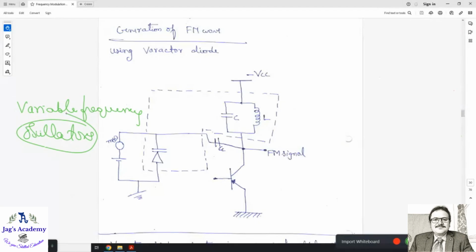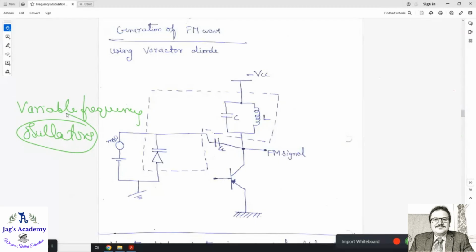Now in this context, in frequency modulation generation, you're going to generate oscillations, and those oscillations vary according to the input voltage.